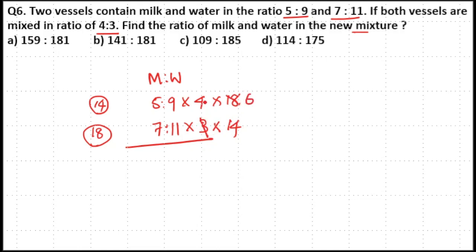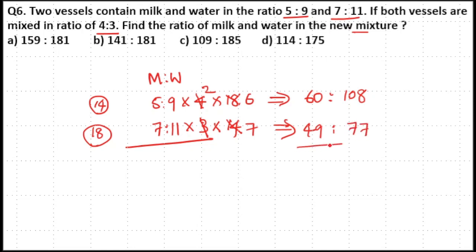And 2 into 2 is equal to 4. 2 into 7 is equal to 14. So here first ratio become 6 into 2, 12. 12 into 5, 60 is to 12 into 9, 108. Second ratio become, here it is 7. 7 into 7, 49. 7 into 11, 77.